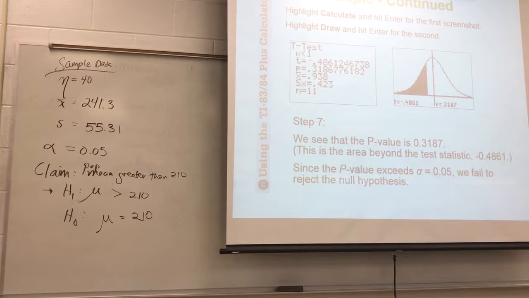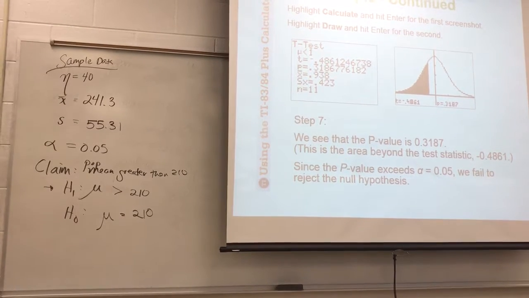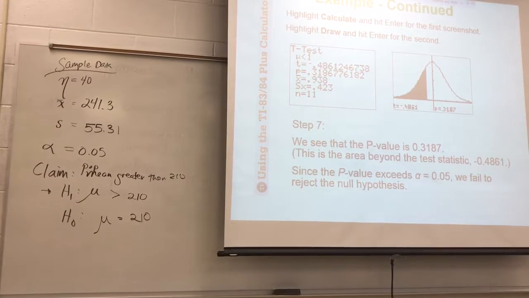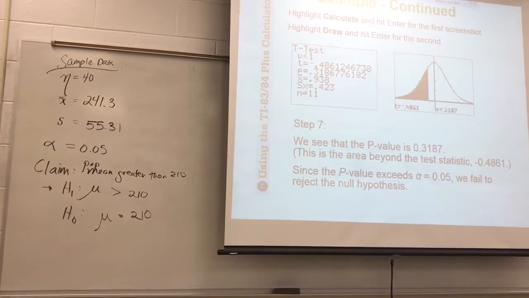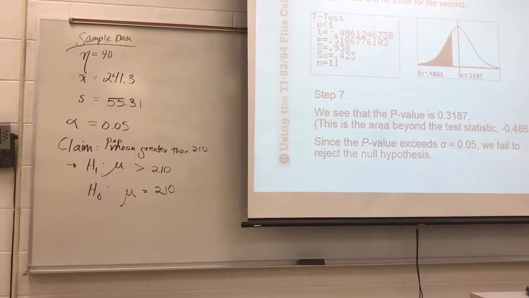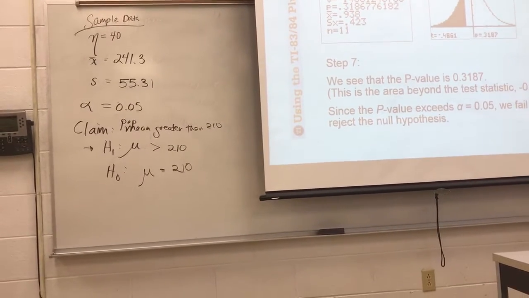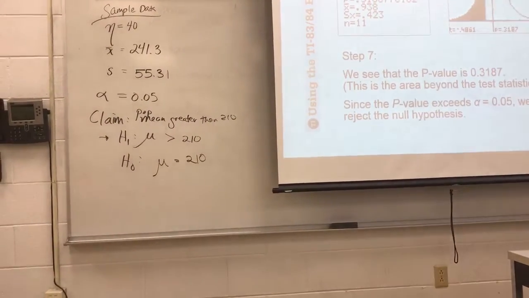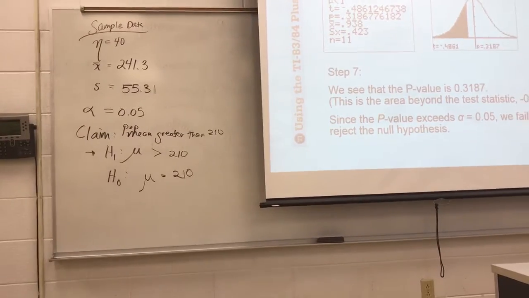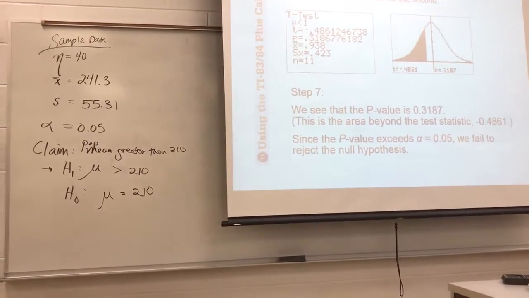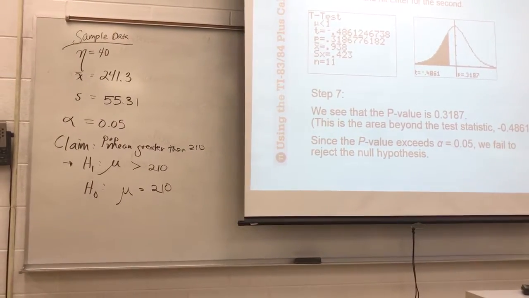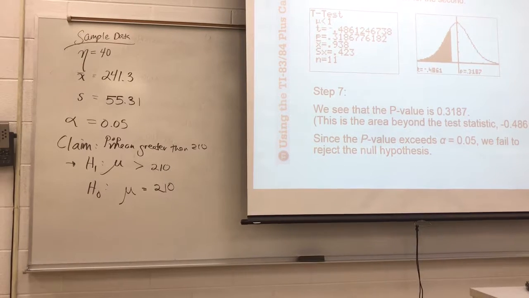So again, the not enough evidence is because the p-value is bigger than alpha. And support, using the word support instead of reject, is because the claim is H1. And then we restate the claim that the mean is less than 1.0.